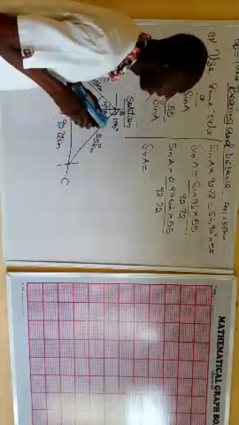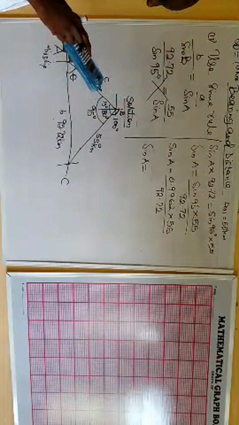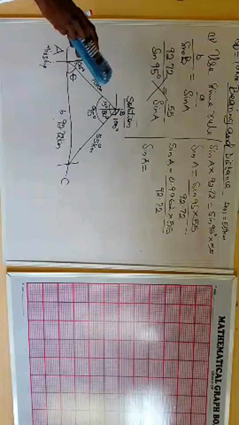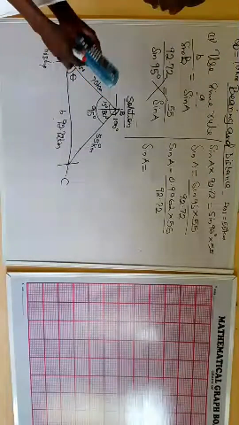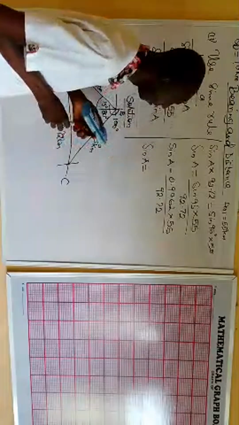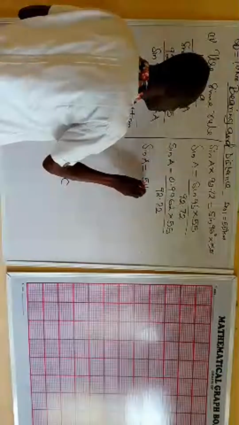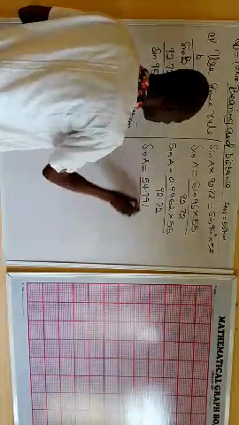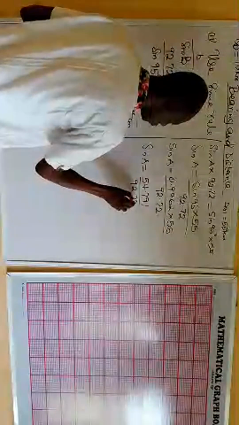let's multiply now. What is 0.9962 times 55? It will give us 54.791 divided by 92.72.